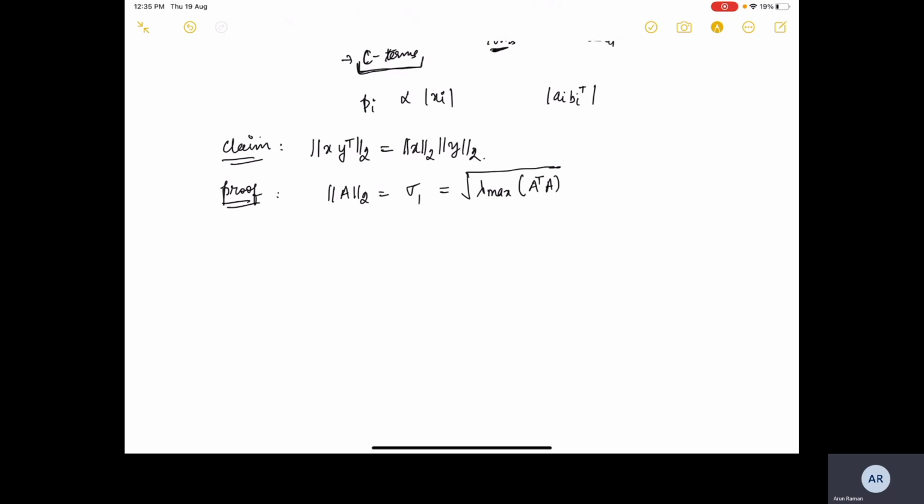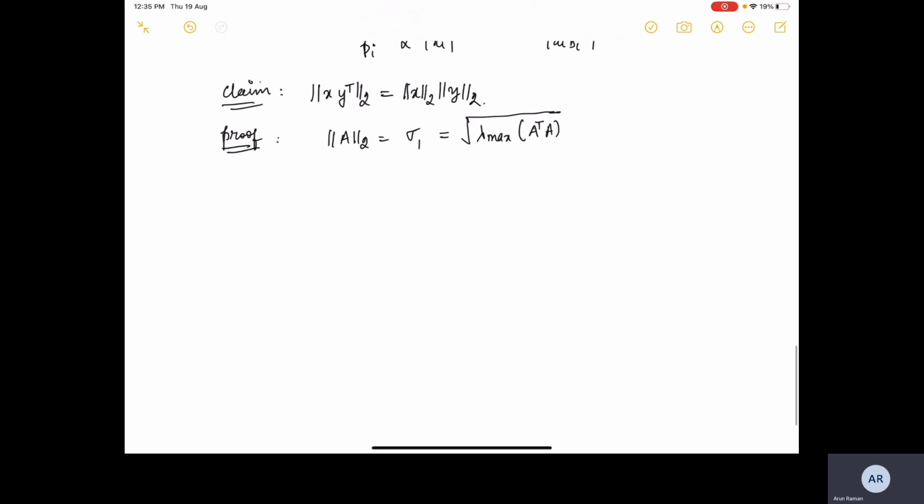This we knew by drawing the equivalence between the linear algebra perspective and the data science perspective of singular value decomposition. So for our case, we have x y transpose. The 2 norm of x y transpose is nothing but the square root of lambda max, where it is the eigenvalue. Sigma 1 here is the largest singular value.